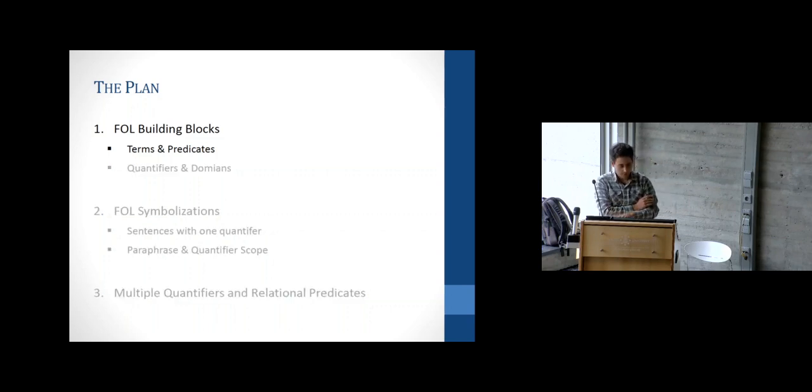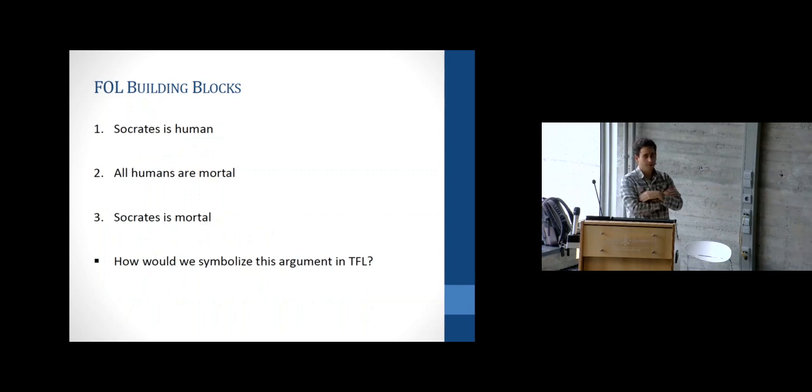So why is truth functional logic very weak? Why did I say that? If you look at an argument like this: Socrates is a human, all humans are mortal, so Socrates is mortal. Are there any logical connectives from TFL appearing in these sentences? No, right? There's no not, there's no and, there's no or, there's no if and only if.